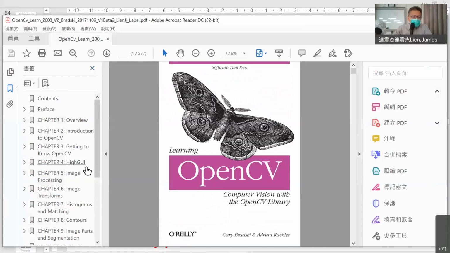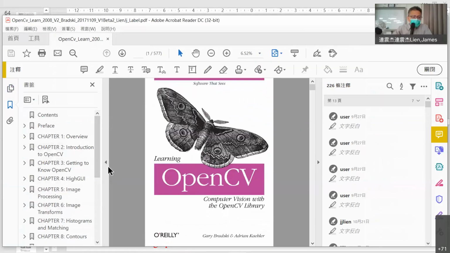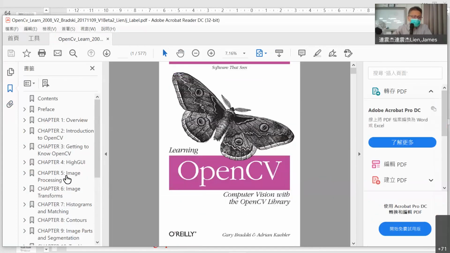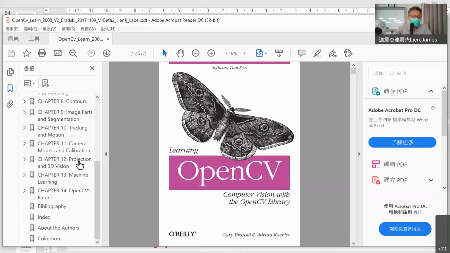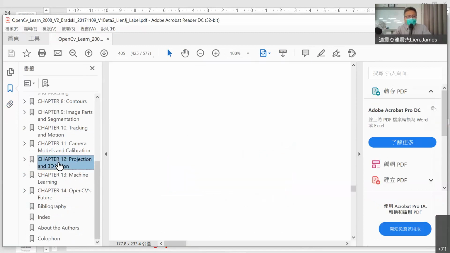Chapter 11 and chapter 12 talk about how to do camera calibration. So for your homework, we come here.